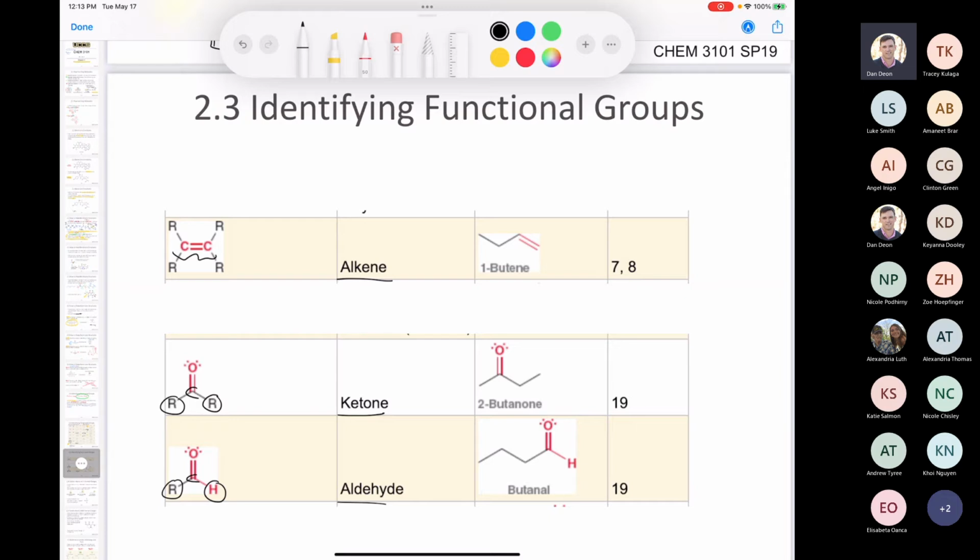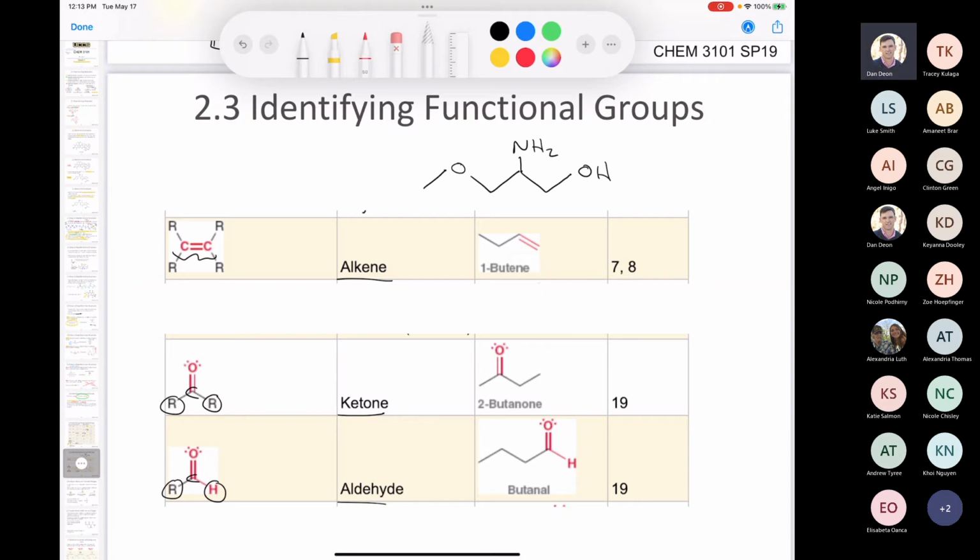Let me just draw a compound at random here, and we'll see if we can identify a functional group. Okay, so if I was to draw this compound like this, just move it over here like that. Could anybody identify a functional group in this compound?